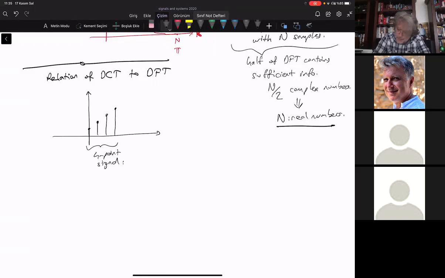Let's call this signal X. Okay. And you want DCT of X. But you don't have a DCT machine. You only have an FFT machine or DFT machine. What you really do is you extend it in a symmetric manner.